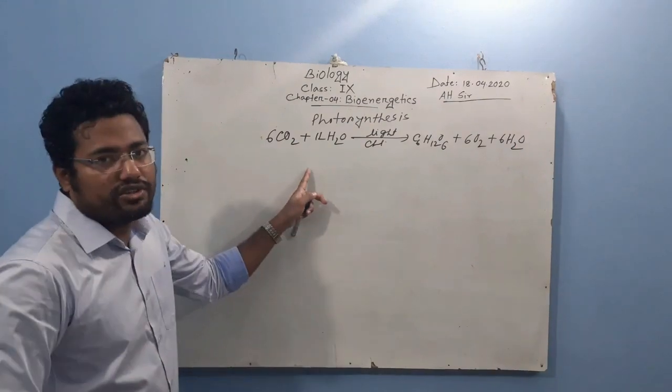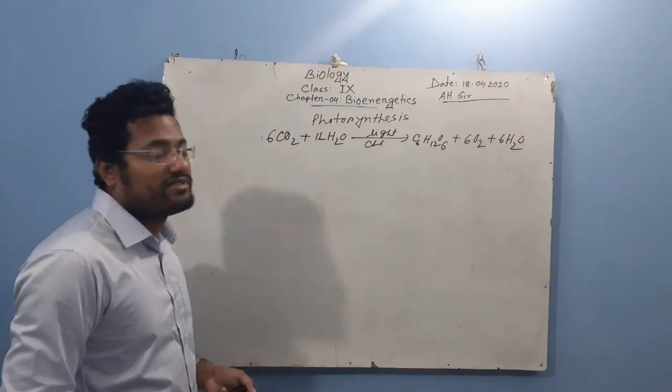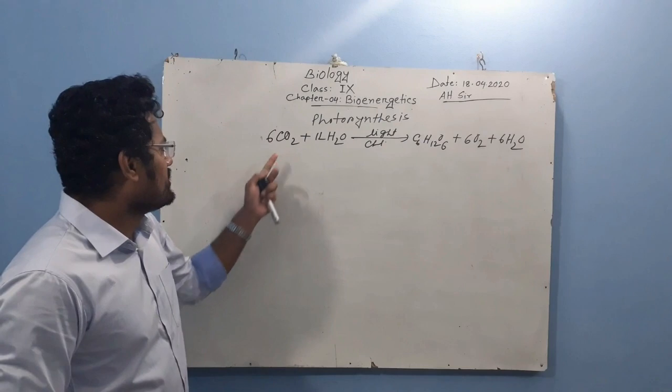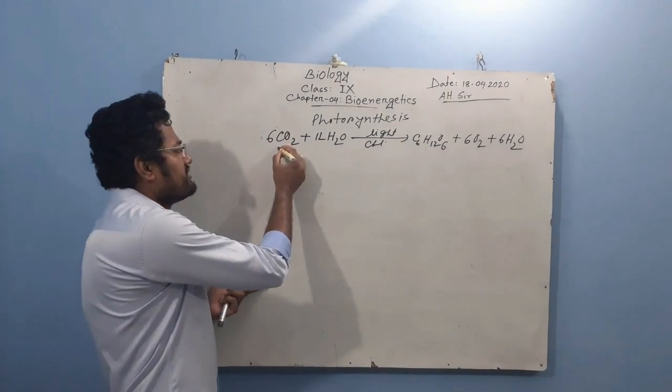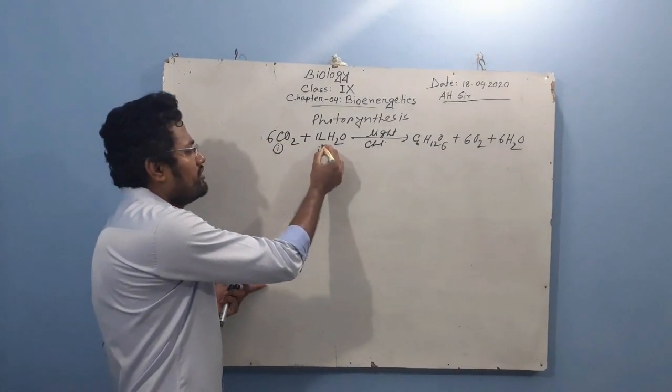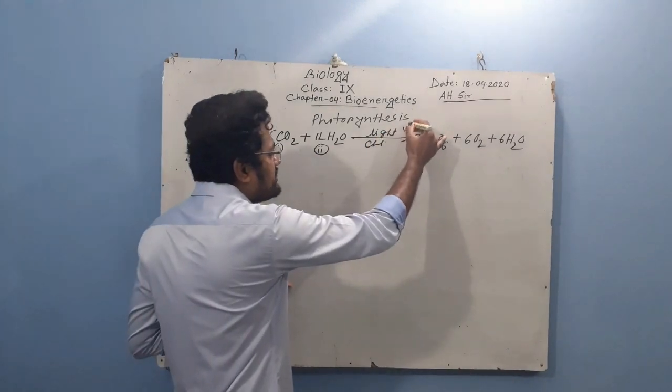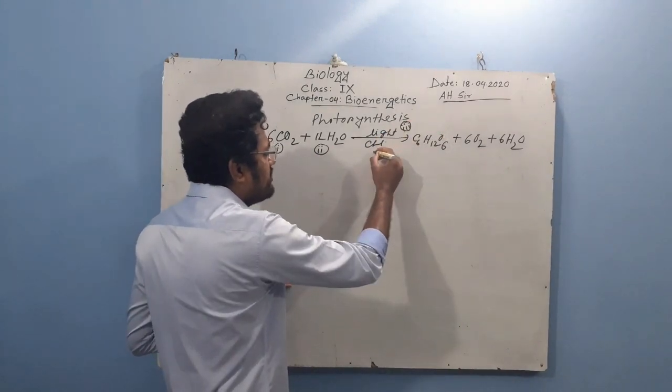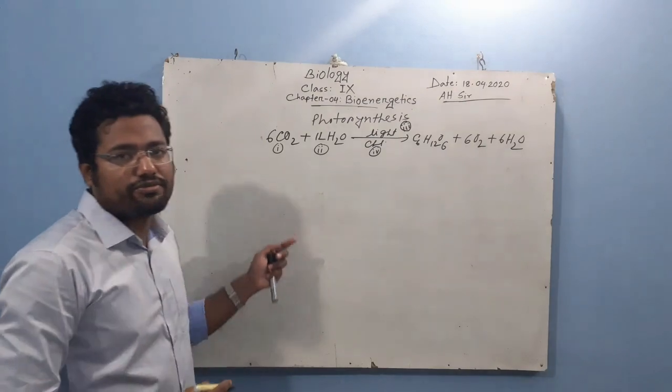This is the equation of the photosynthesis process. If we observe this equation, we will get four components. Four essential components are required for the photosynthesis process.